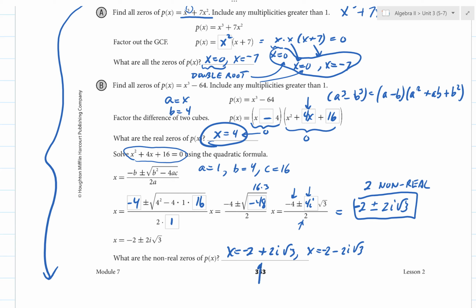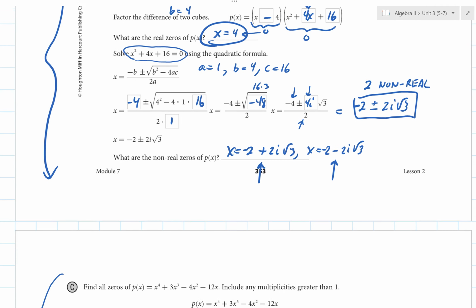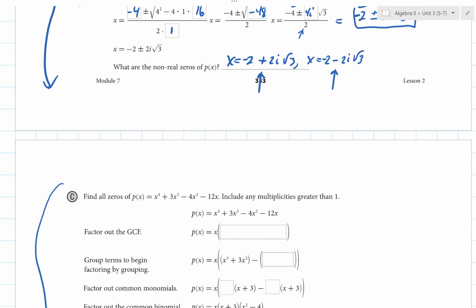By conjugate, I mean the sign in between them changes. So it's negative 2 plus 2i root 3 and negative 2 minus 2i root 3. The complex roots always come in pairs, and they're always conjugates of each other. Okay, one with a plus and one with a minus. So we'll keep that in mind moving forward.